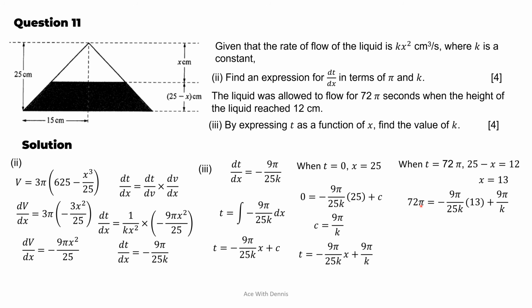We get 72 pi equals negative 9 pi over 25k times 13 plus 9 pi over k. Now we simplify and solve this equation. We get 72k equals negative 117 over 25 plus 9. The k will equal 3 over 50. And this is the answer.